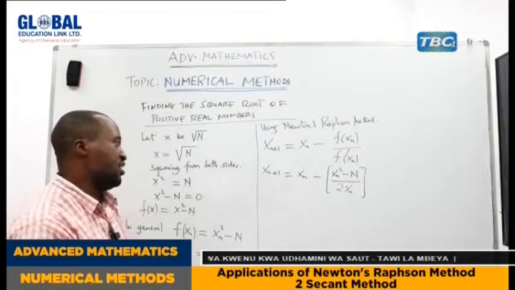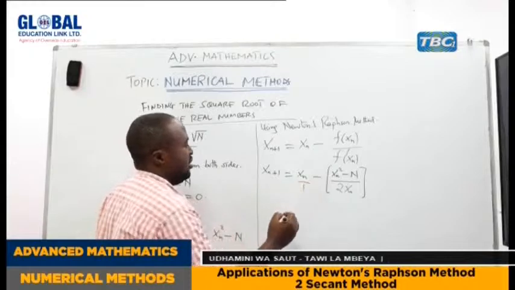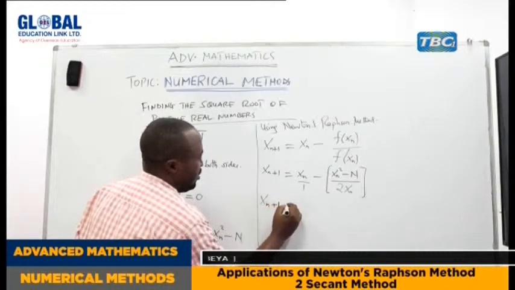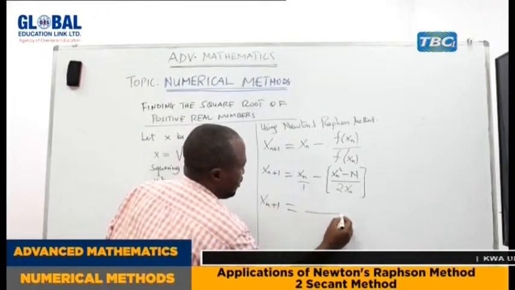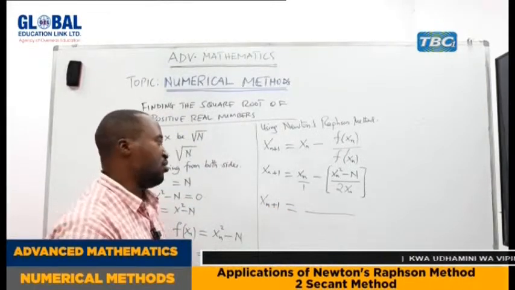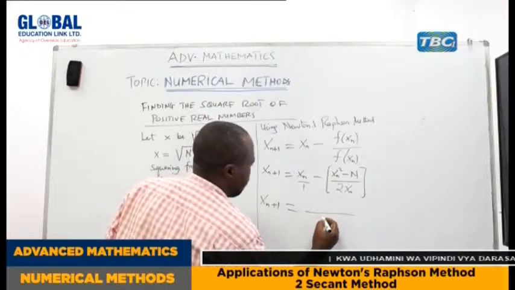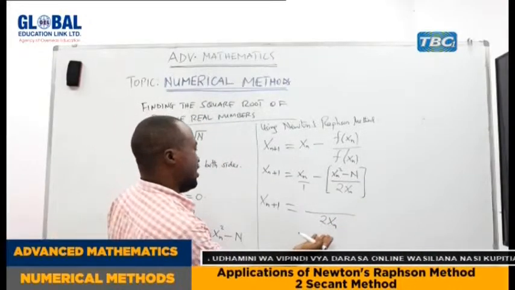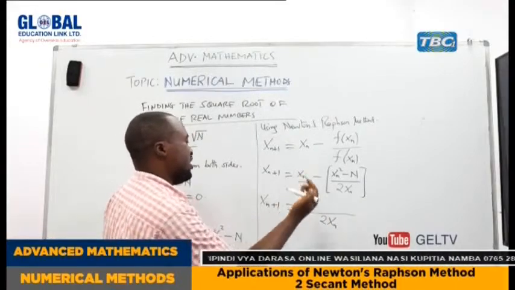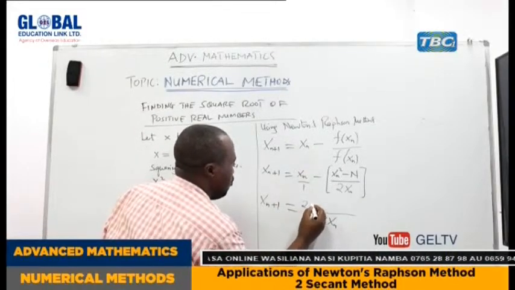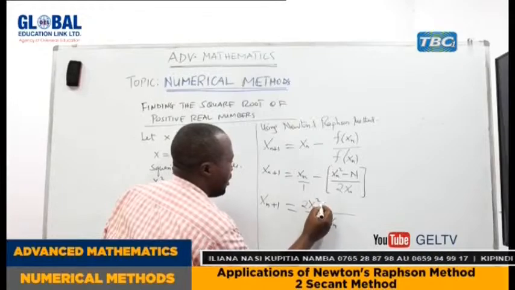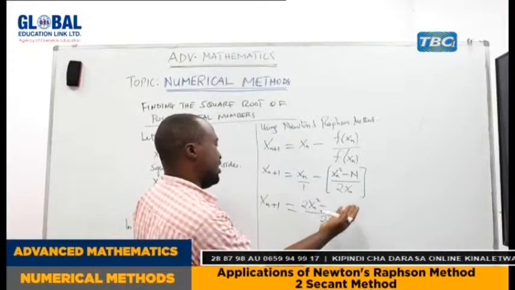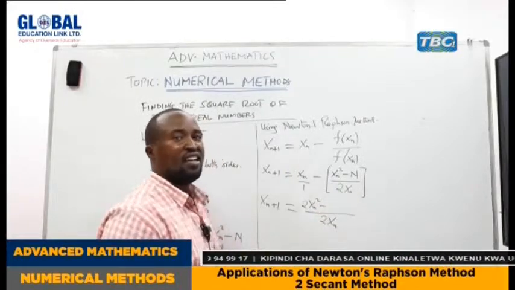Now let us find the LCM. So the LCM, the lowest common multiple, will be 2xn. Now 2xn divided by 1 times xn, we are going to have 2xn squared minus, so again we take 2xn divided by 2xn, that is 1.